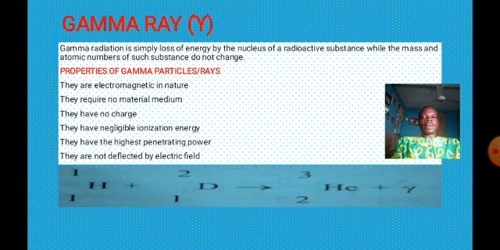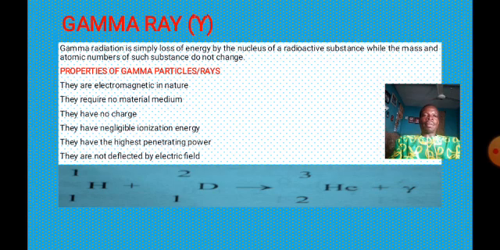So if you look at the example under gamma ray, we have hydrogen. Hydrogen with mass number 1, atomic number 1, is being added to another element D, mass number 2, atomic number 1, to produce helium.